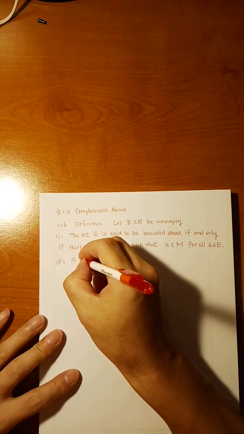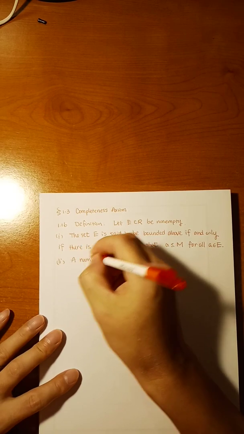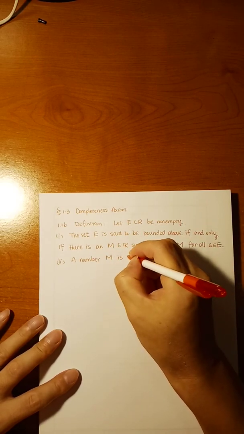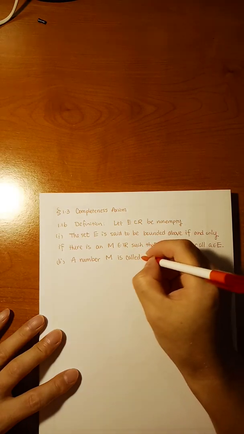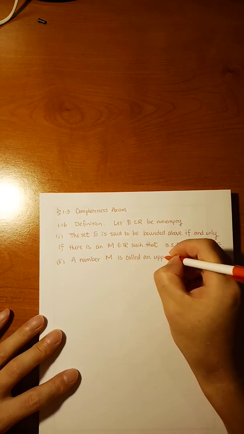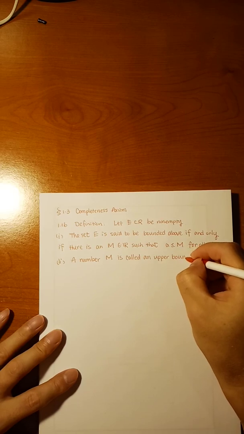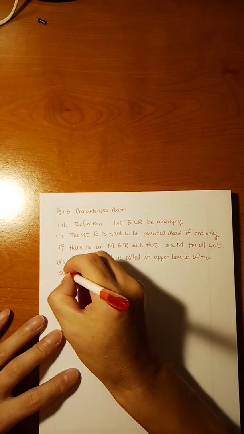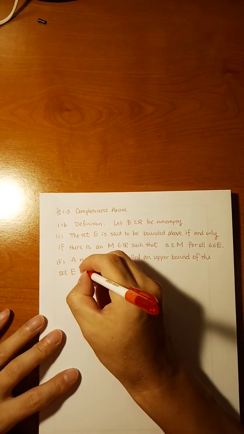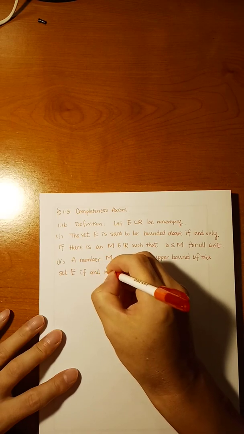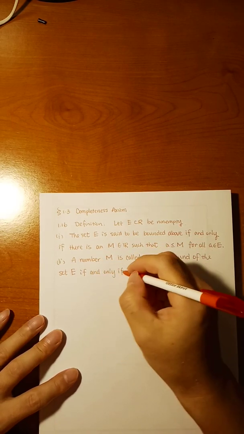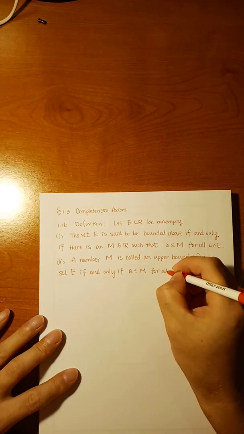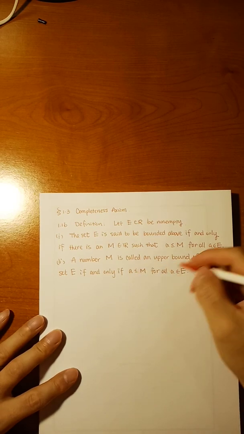Okay, so a number is a duplicate definition, but let's just list them. A number M is called an upper bound of this set E if and only if A is less than or equal to capital M for all A in E. It's the same notation.